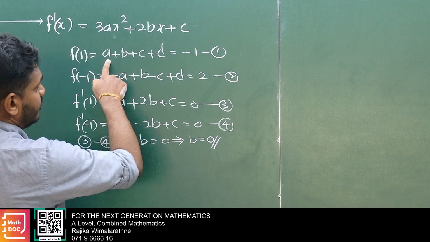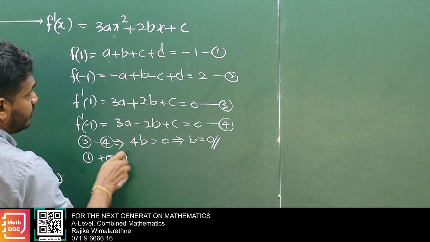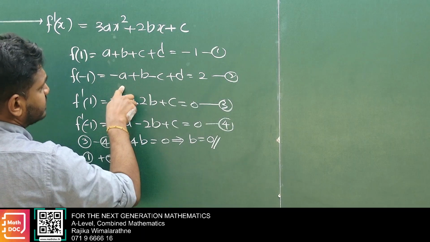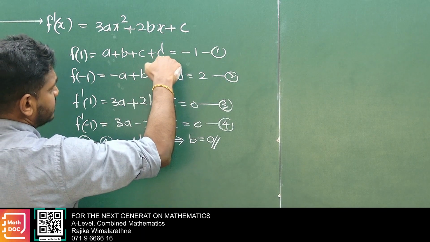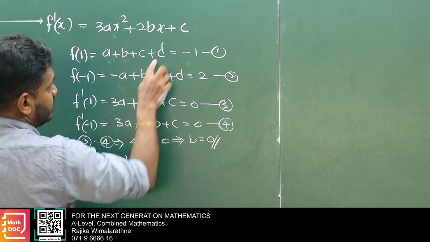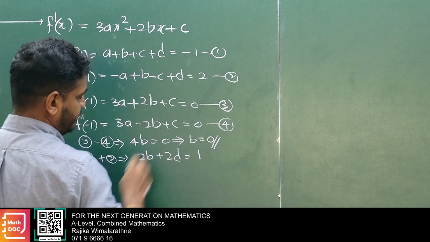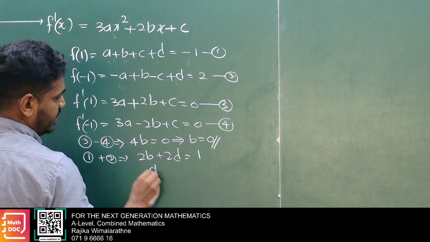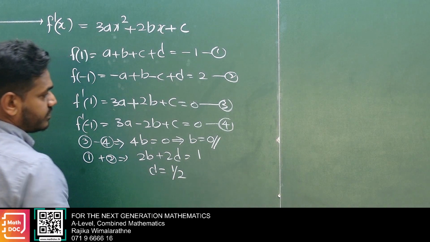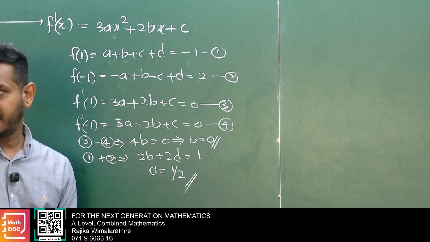Then by 1 and 2, 1 plus 2, you can cancel a and c, then 2b plus 2d equals 1. Then b is 0, so d equals half.